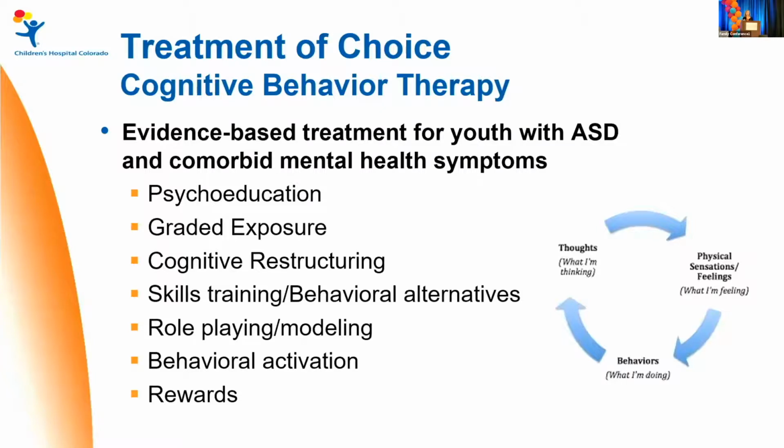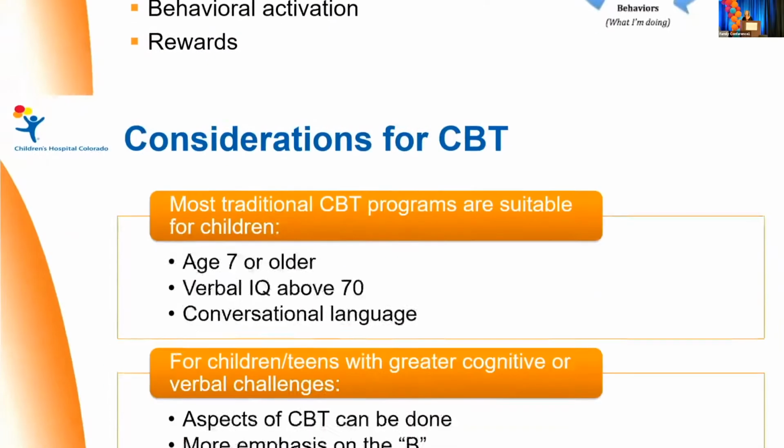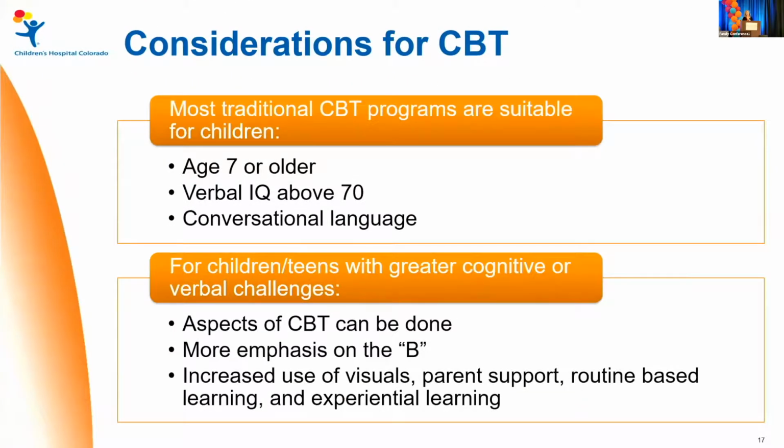It doesn't mean they hate me. It means they wanted to do something different. So those are important things. But cognitive behavioral therapy works best in children who are over 7 or have an IQ above 70. But you can adjust it for children who don't have as many skills, and you just put more emphasis on the behavior part, use of visuals, that kind of thing.